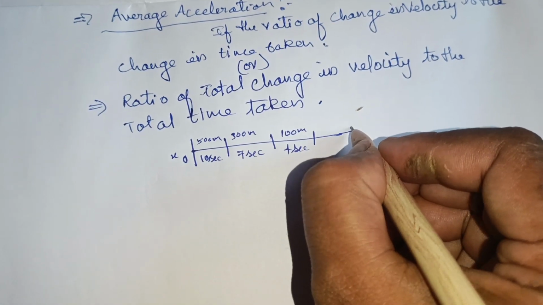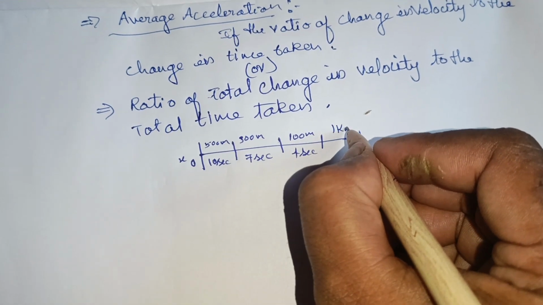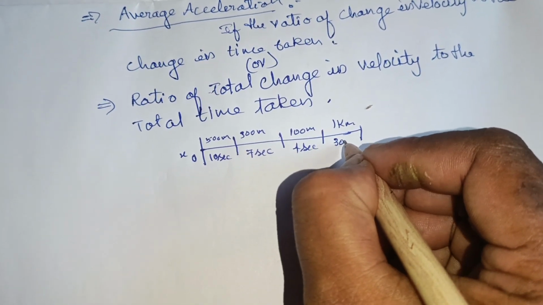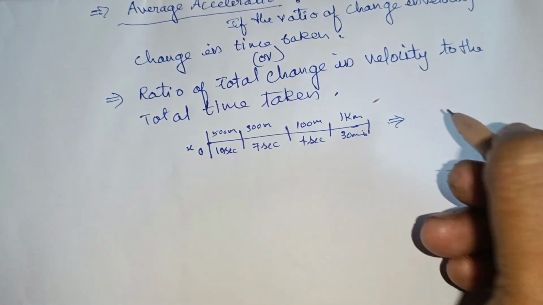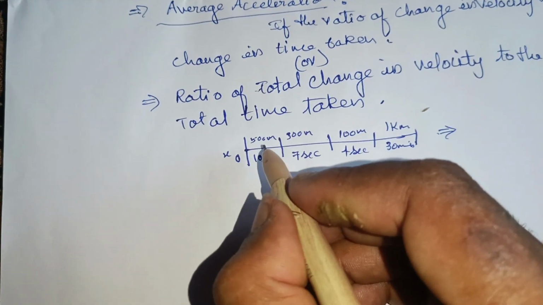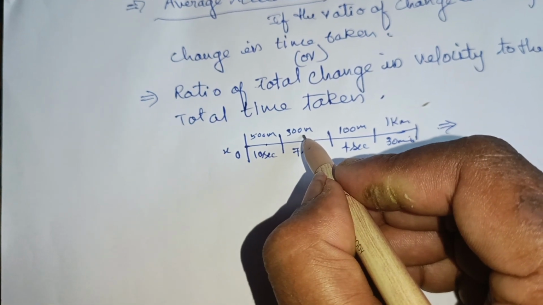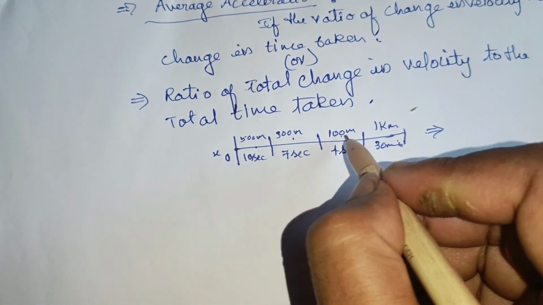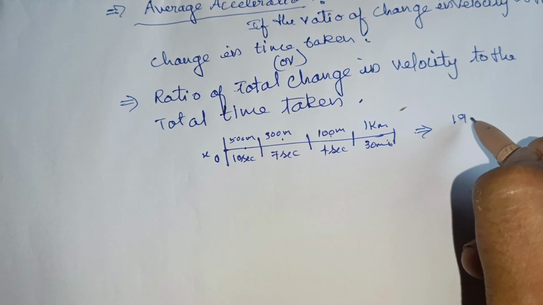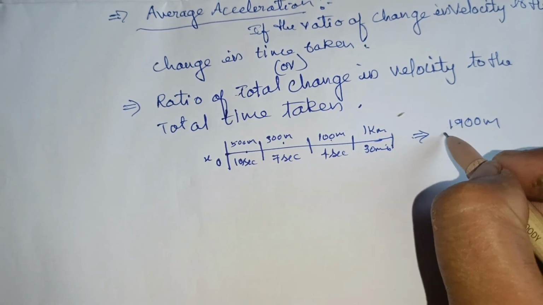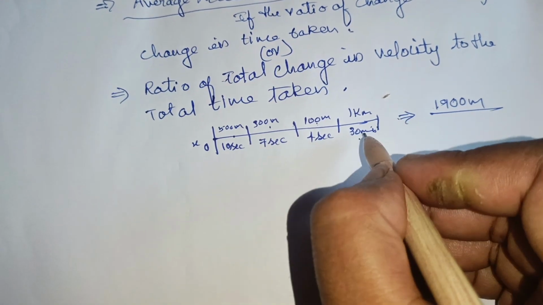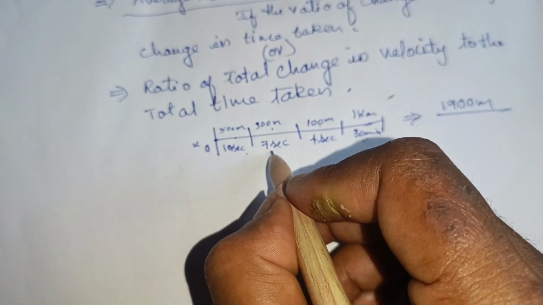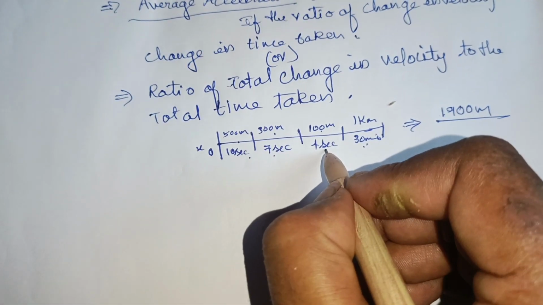And at the last, the body has traveled 1 kilometer in 30 minutes. So 500 plus 300 is 800, 800 plus 100 is 900, so 1900 meters in total.